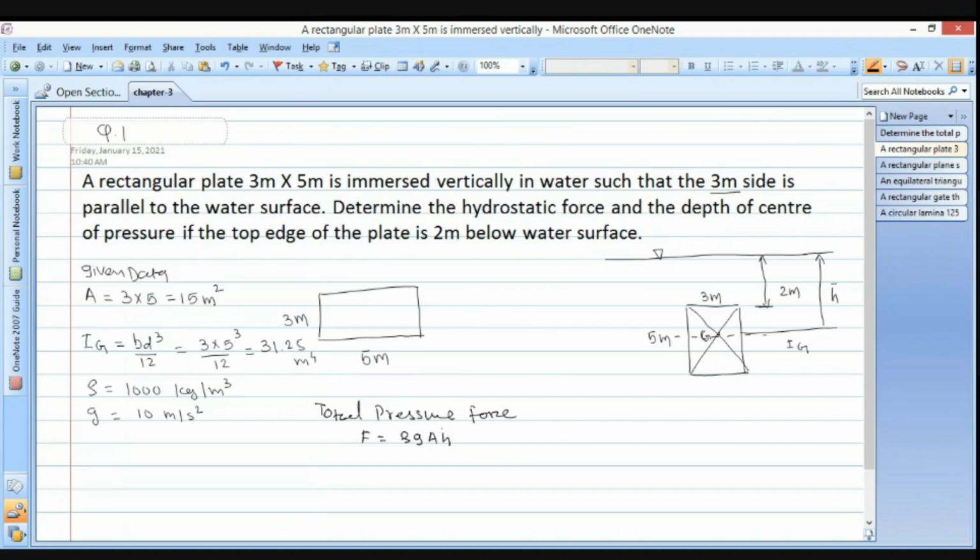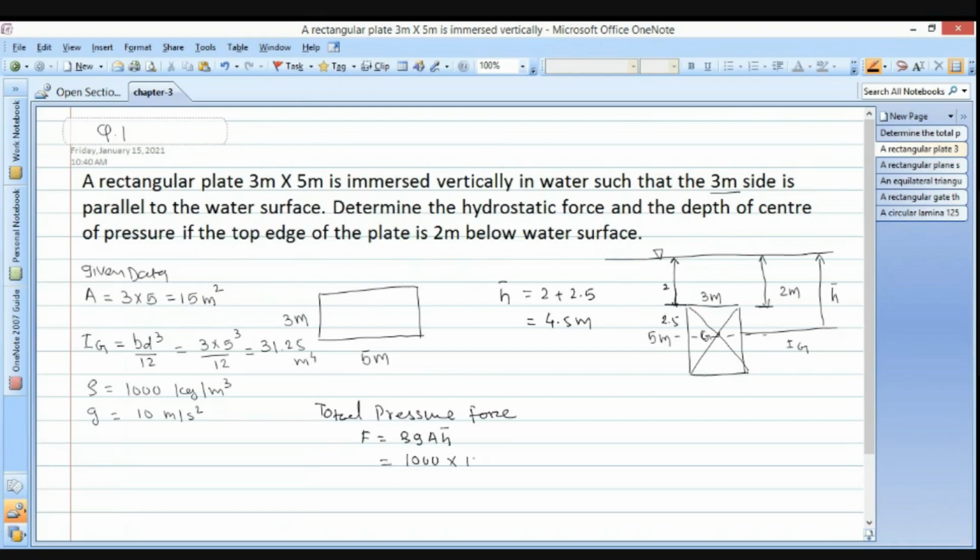And here the h cut is located at this total distance, so we have to find the h cut. From the free surface, the 2 meter is mentioned, and half of this 5, that is 2.5. So we have h cut equals 2 plus 2.5 meter. We get the answer, that is 4.5 meter. Here rho is the density, that is 1000.